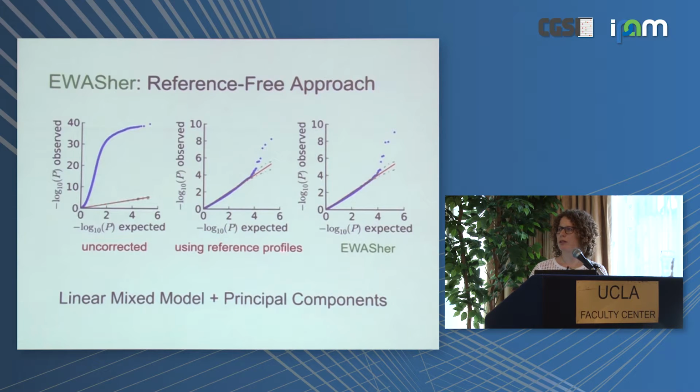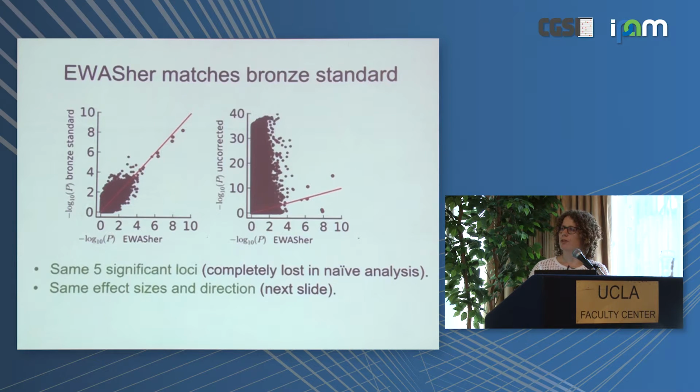This is very empirically based. But when you do this, what's pretty astonishing is that you basically recapitulate on this data set what people get by actually including the cell counts as covariates. There are only 5 methylation sites that are significant, and you get exactly the same 5 with almost identical weight estimates.